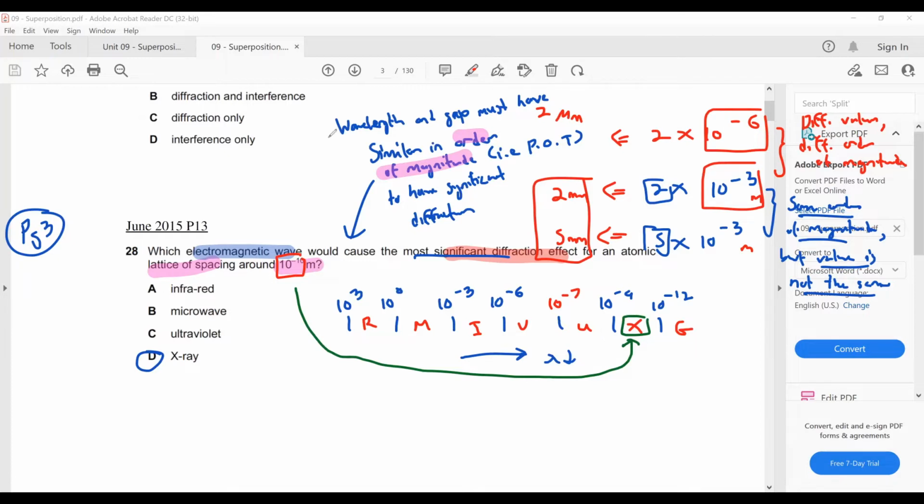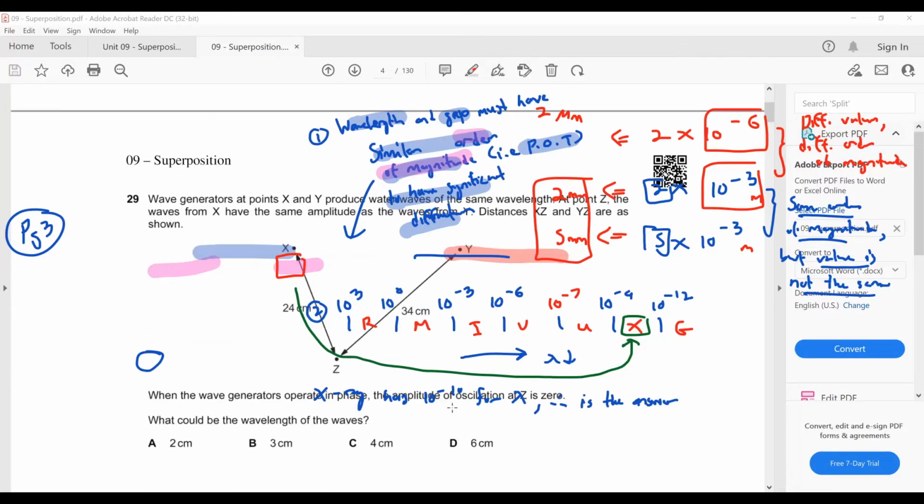If I want to write out the wordings properly, wavelength and the gap must have similar order of magnitude, in other words, same power of 10, for a significant diffraction. And then you reproduce your EM spectrum. So X-ray has 10 power negative 10 for lambda, therefore is the answer. So 28 is D.